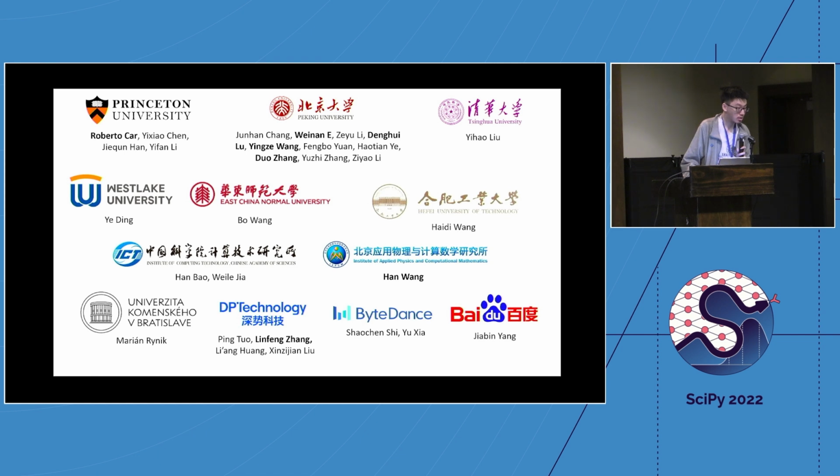What's the comparison in speed that you get from these neural network potentials and the classical? Have you done a comparison? Okay, we can take it offline. Thank you again for the great talk.